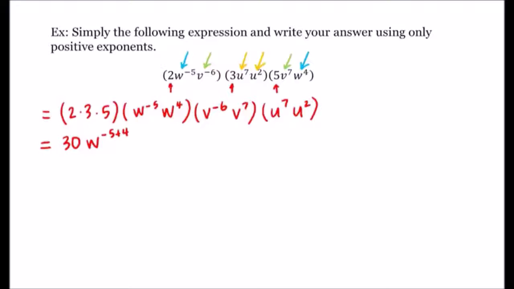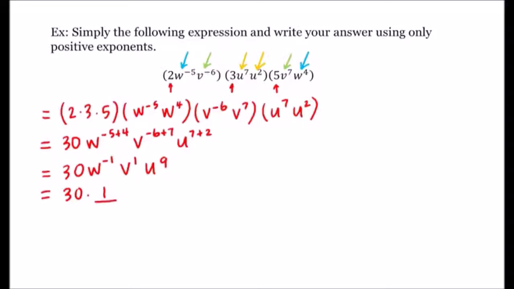Same with the v term, so it'll be v to the negative 6 plus 7. And finally, we'll do the same with the u terms, so it's u to the 7 plus 2, which is equal to 30 times w to the negative first power times v to the positive first power times u to the ninth. And then by the negative exponent rule, this is equal to 30 times 1 divided by w to the first power.